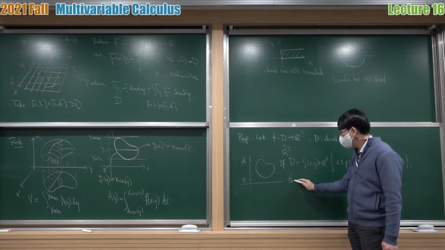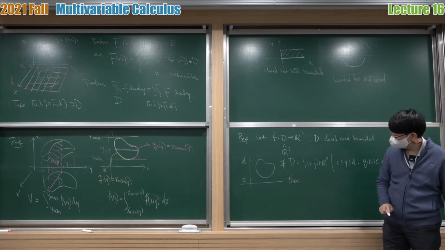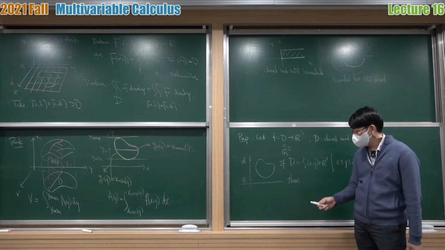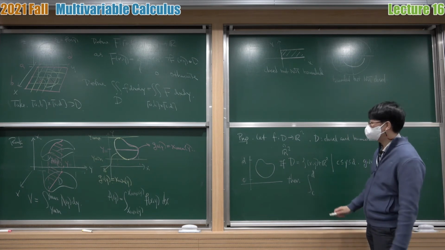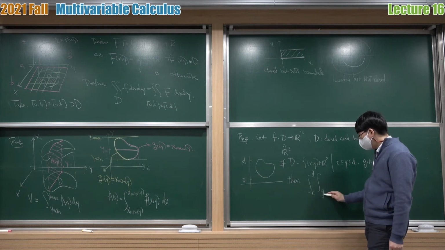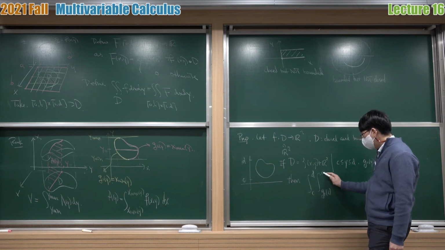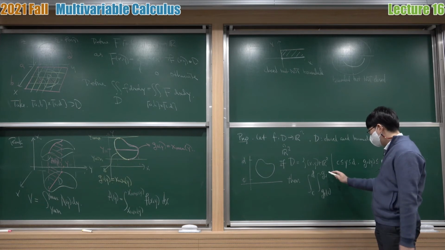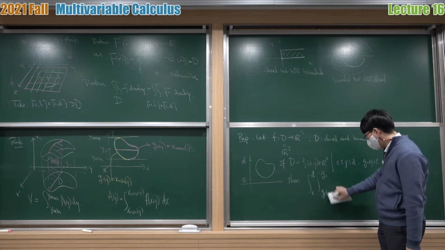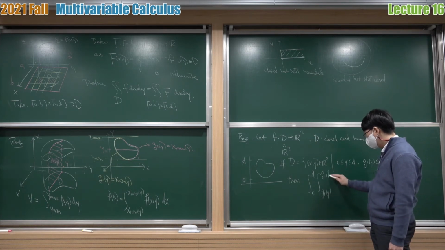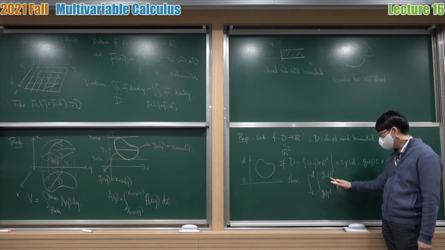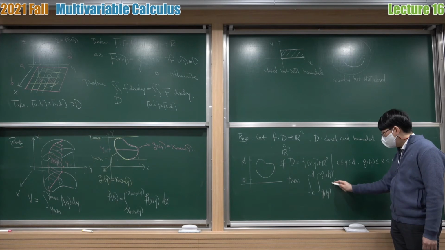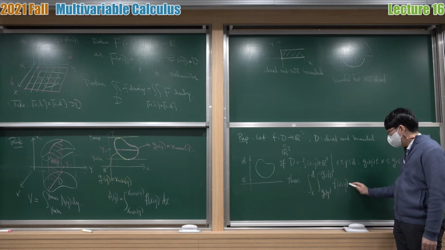So g1(y) is the minimum value of x at y, and g2(y) is the maximum value of x. Then I'm going to take an iterated integral. First, I integrate from g1(y) to g2(y), the minimum x and maximum x, of f(x, y) over x.